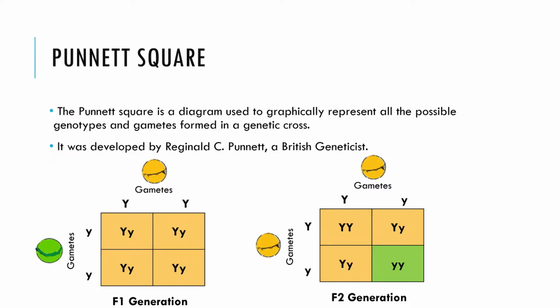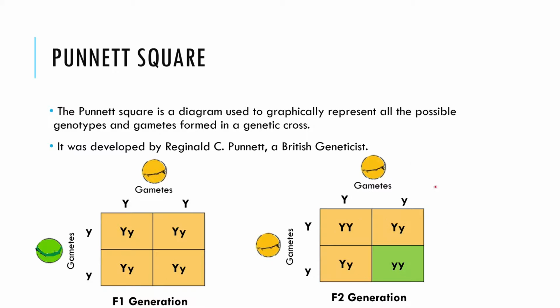And the crossing of this, the F1 generation would have a genotype as shown in the Punnett square. And since all of them carry one of the uppercase Y gamete, they will all be exhibiting the yellow seed color phenotype in the F1 generation.